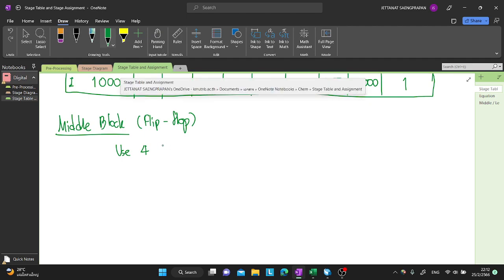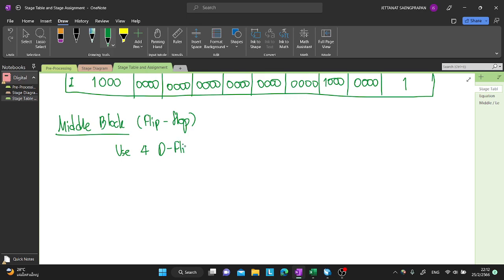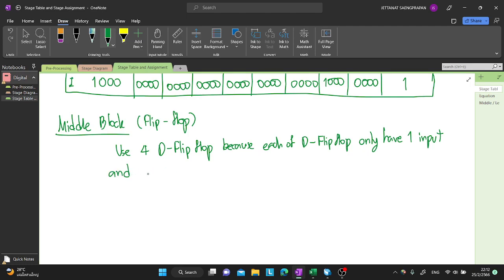In this block, I use only D flip-flops because each D flip-flop only has one input and a clock signal.